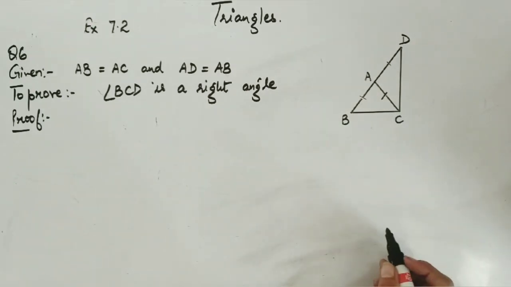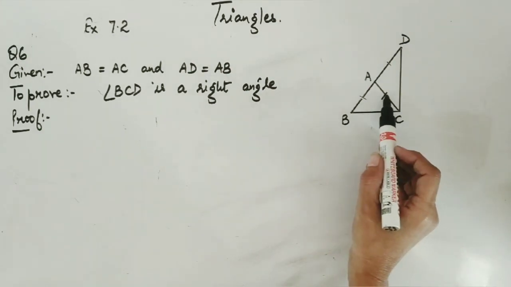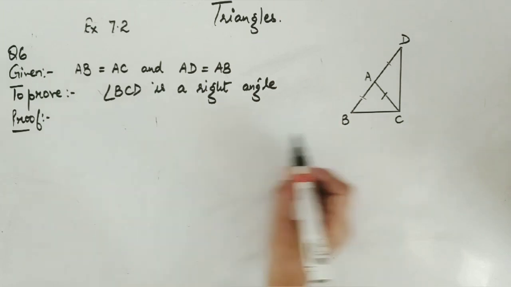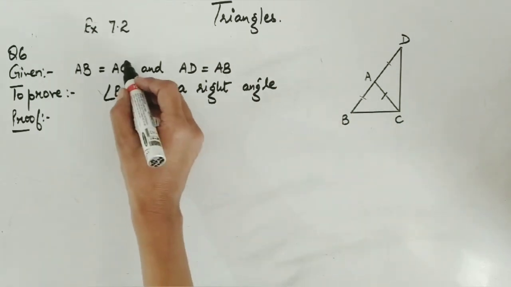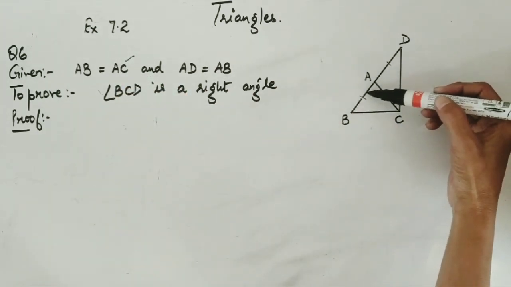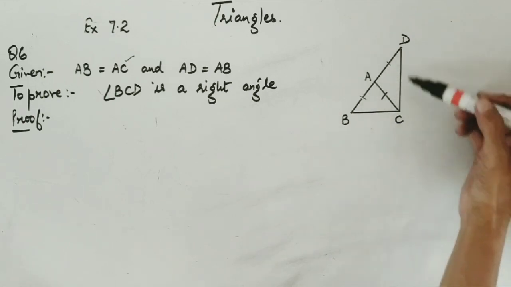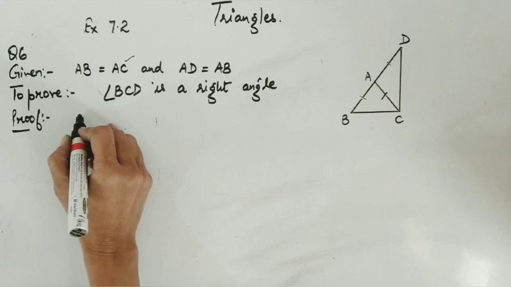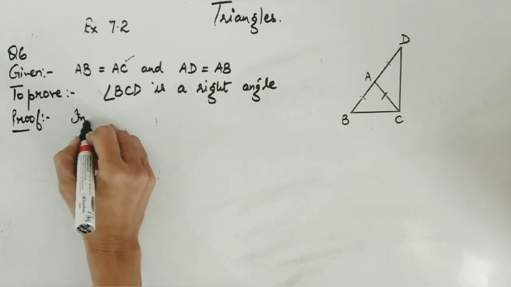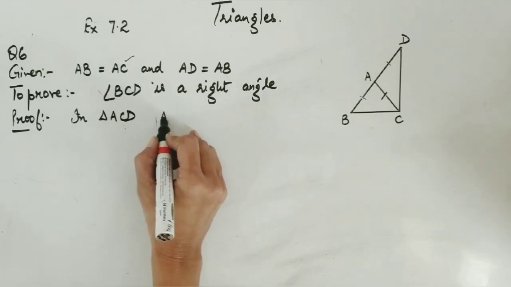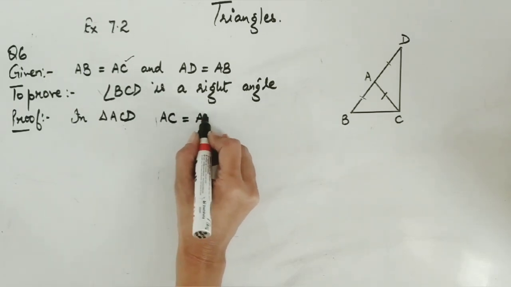So for proof, let's first look whether if in triangle ABC, AB, AC are equal. This is given. From here AB, AD are equal. That indicates in triangle ACD, AB is equal to AD.